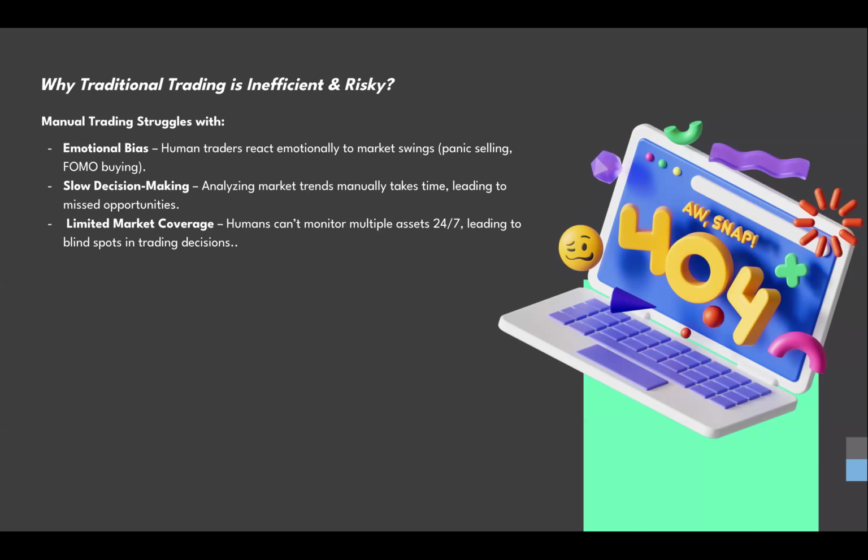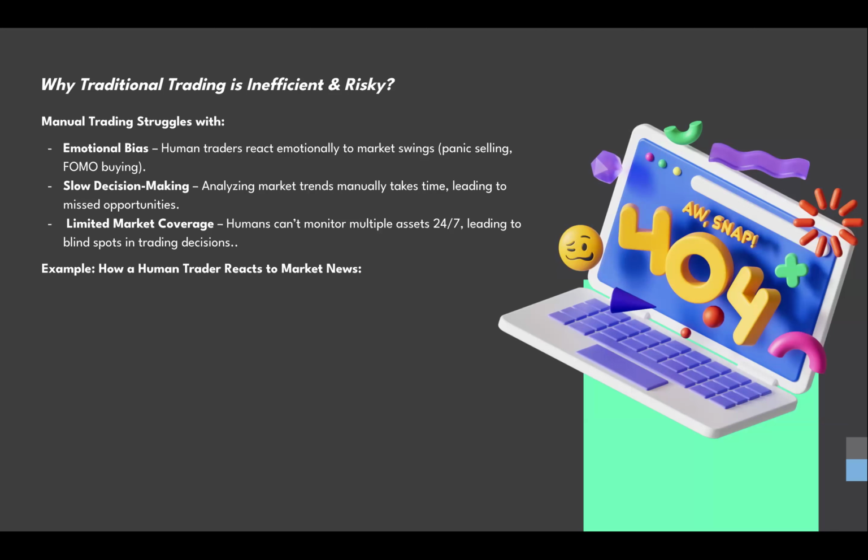This is an example of a human trader reacting to news. News happens a lot in the trading space, some of them being CPI, which is common, and NFP, and other news happens a lot in the crypto market.